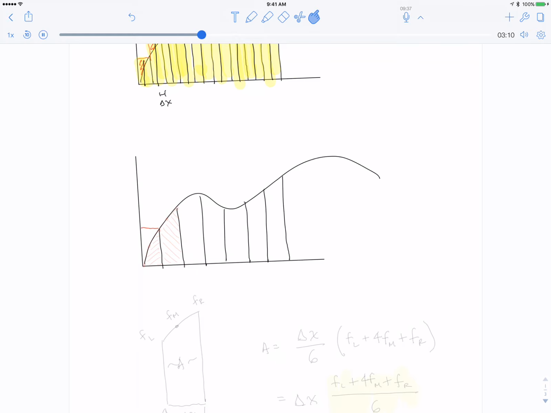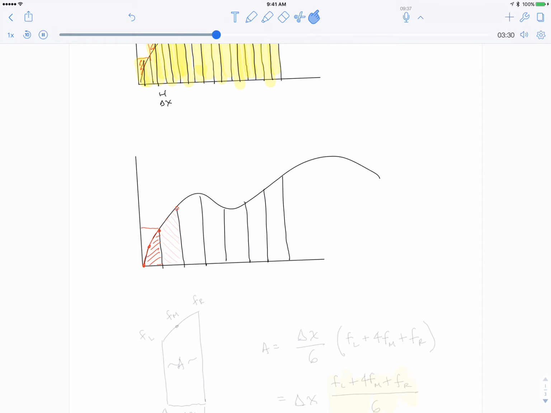So Simpson's rule is just this. You take these three points at the left end, right end, and in the middle, and then you fit your best fit parabola. And see, that's pretty close. And then you integrate the area under that parabola.